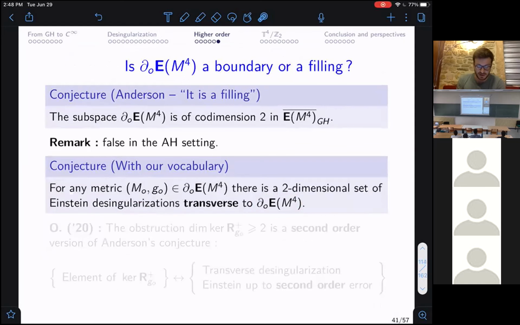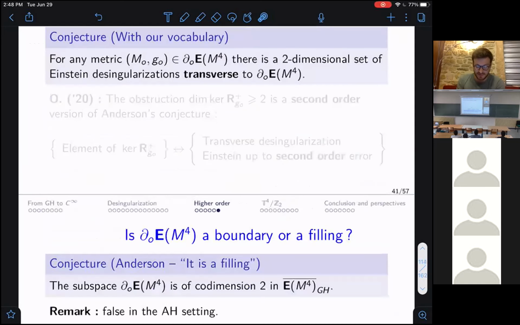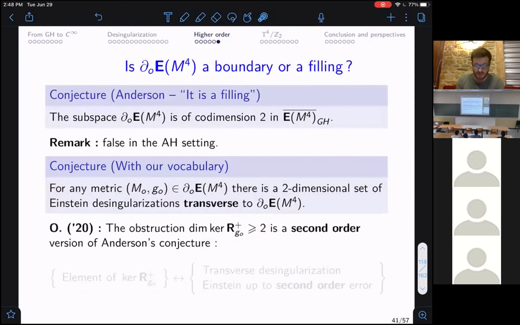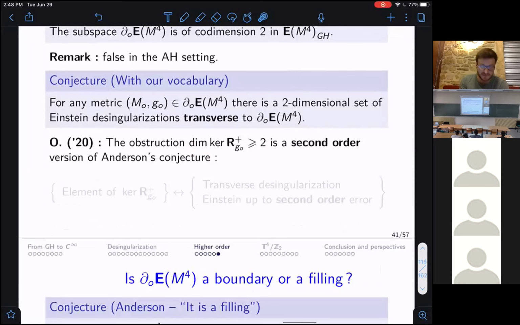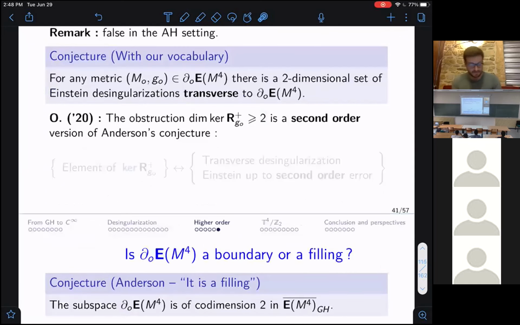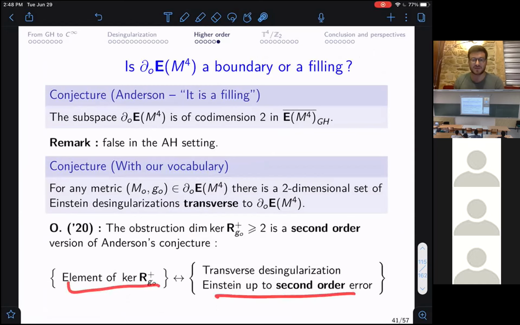What I showed is that this second order obstruction is a second order version of Anderson's conjecture. And moreover, every element of this kernel coincides with an Einstein desingularization up to second order.